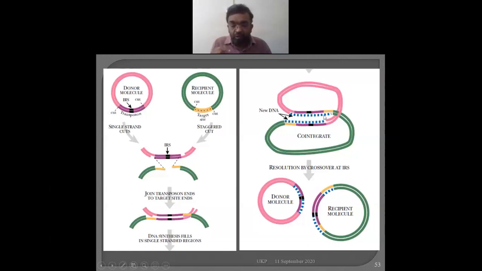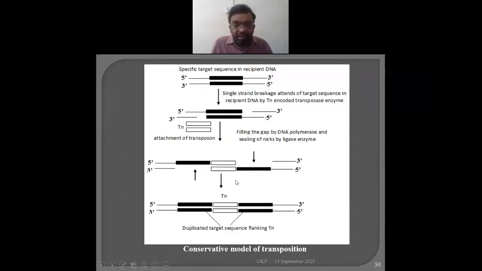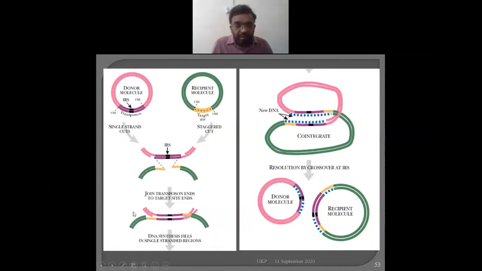In the former case, only the target sequence is filled, but now one copy of this molecule is attached to this and another copy is attached to this, and there is a distance now, and hence a gap is also created.